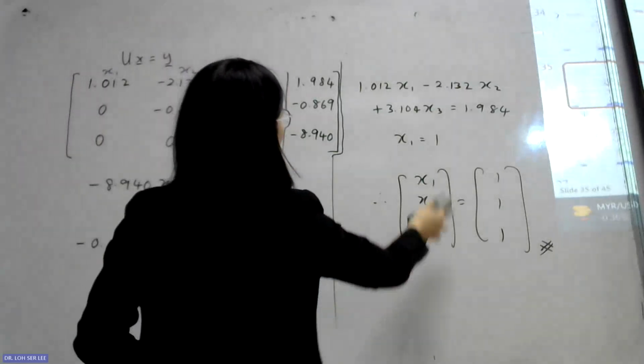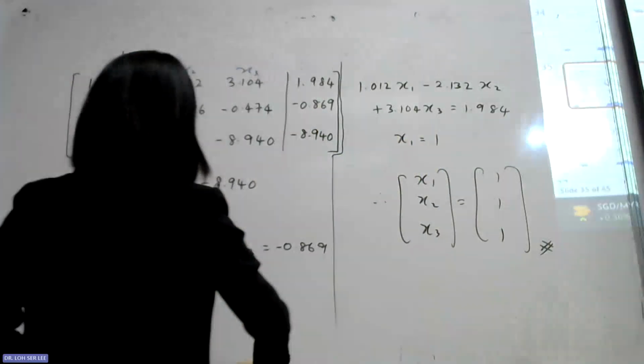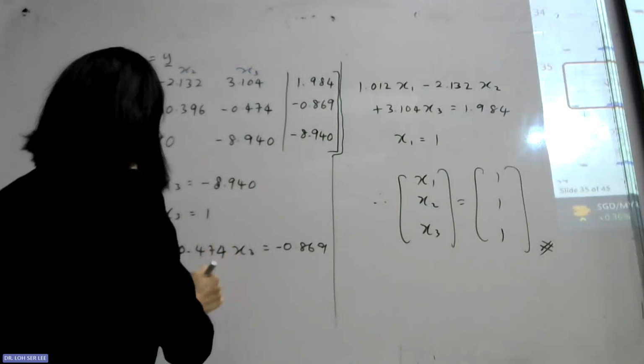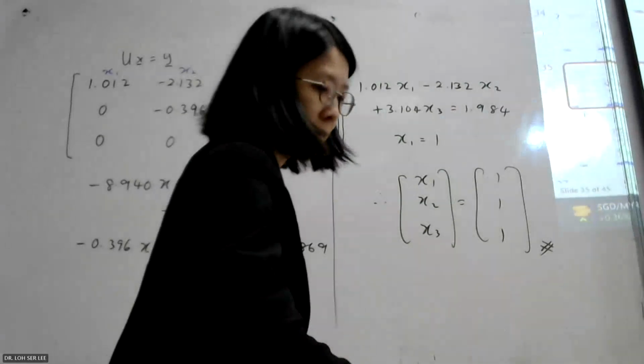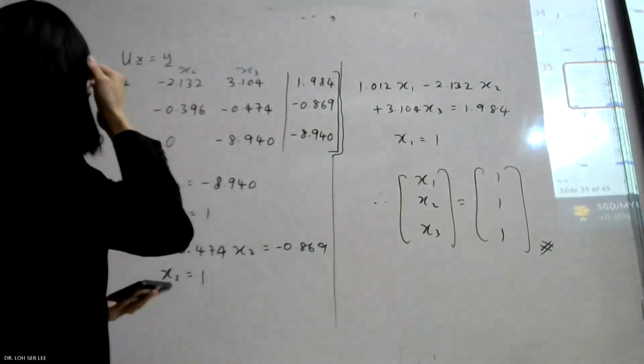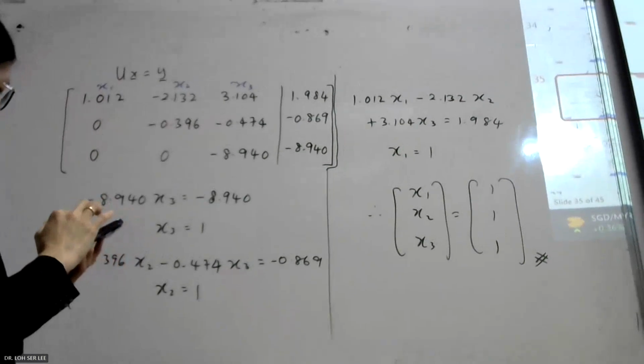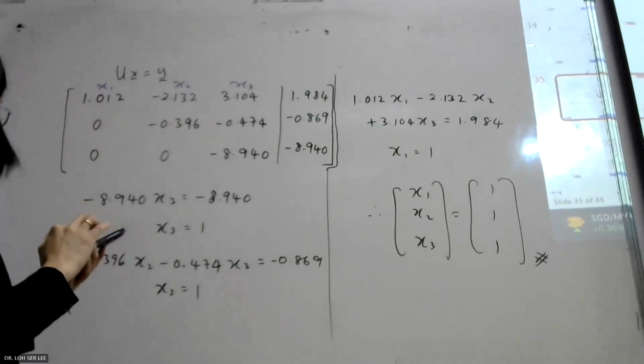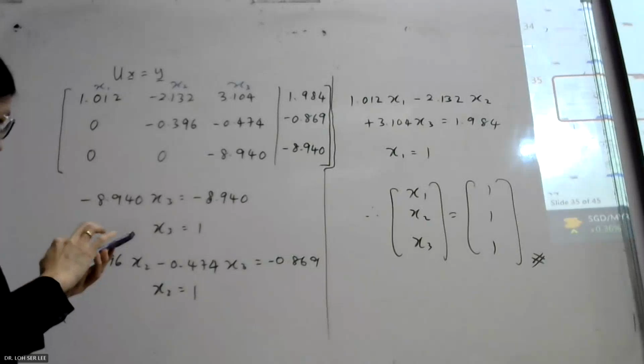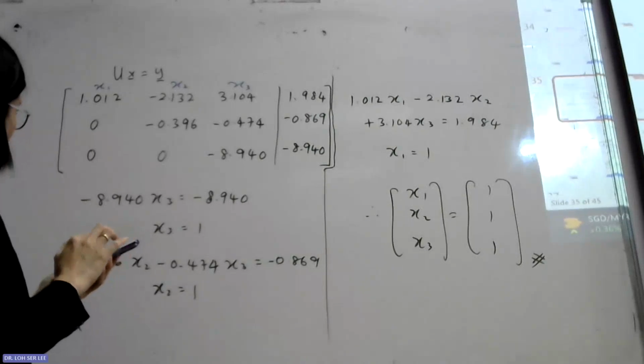But if we solve the x2, we got no 1, we got 0.99. Point 395 divided by 0.3.